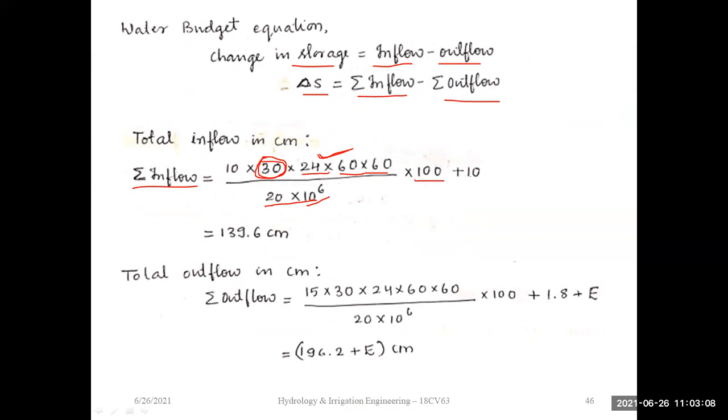Plus the other inflow, that is 30 centimeter. So the total inflow will be 139.6 centimeter.